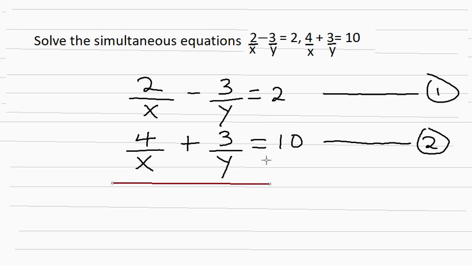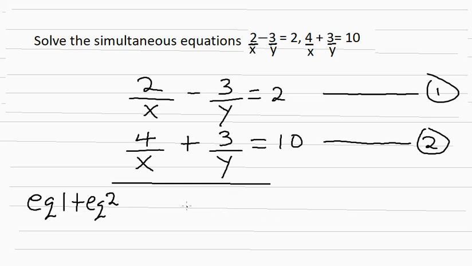Because in equation 1, what I have is minus 3 all over y, and in equation 2, what I have is plus 3 all over y. If I add minus 3 over y plus 3 over y, definitely y will be eliminated. So by adding equation 1 plus equation 2, it's easy to eliminate y.